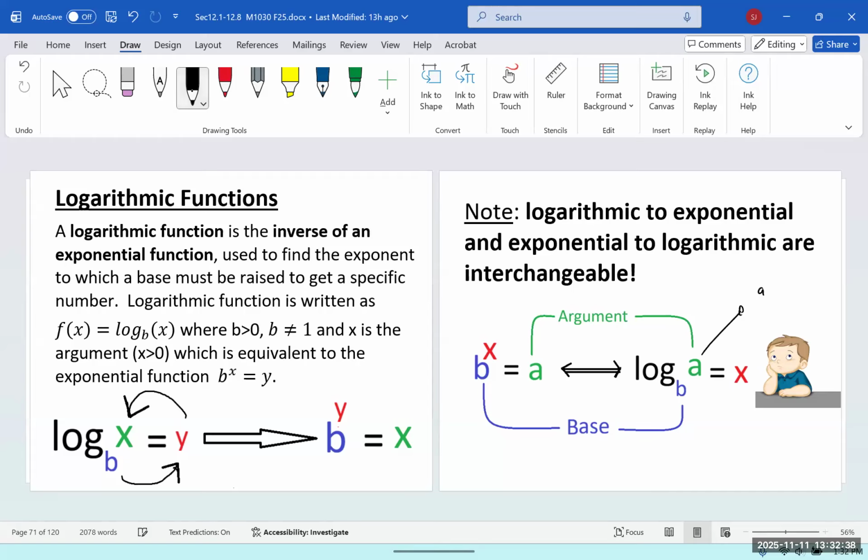This A has to be strictly bigger than 0. It cannot be 0. And this B, it cannot be negative or 0. So it has to be strictly bigger than 0, but also it cannot be 1. It can be every other positive number bigger than 0.